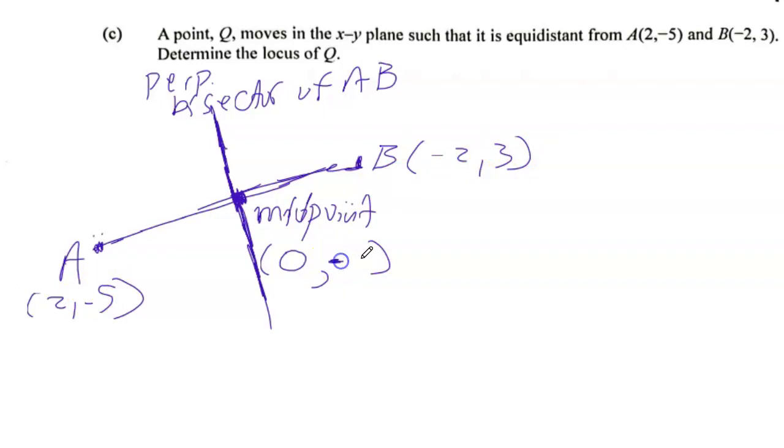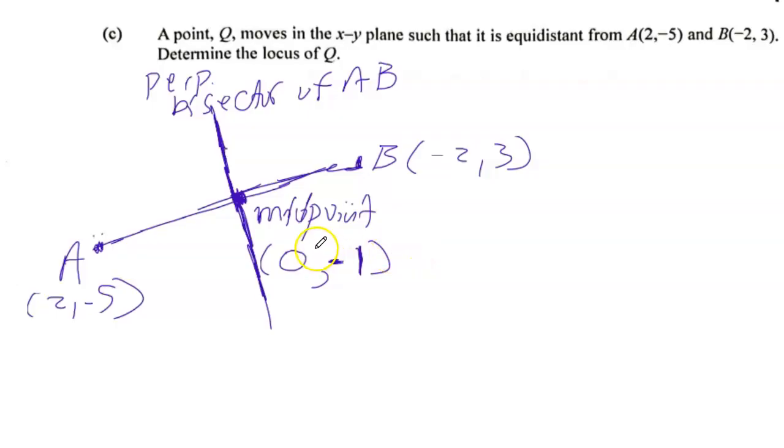So the midpoint is (0, -1). The midpoint is actually on the y-axis, touching -1 on the vertical axis. So for this equation, the c value will be -1.